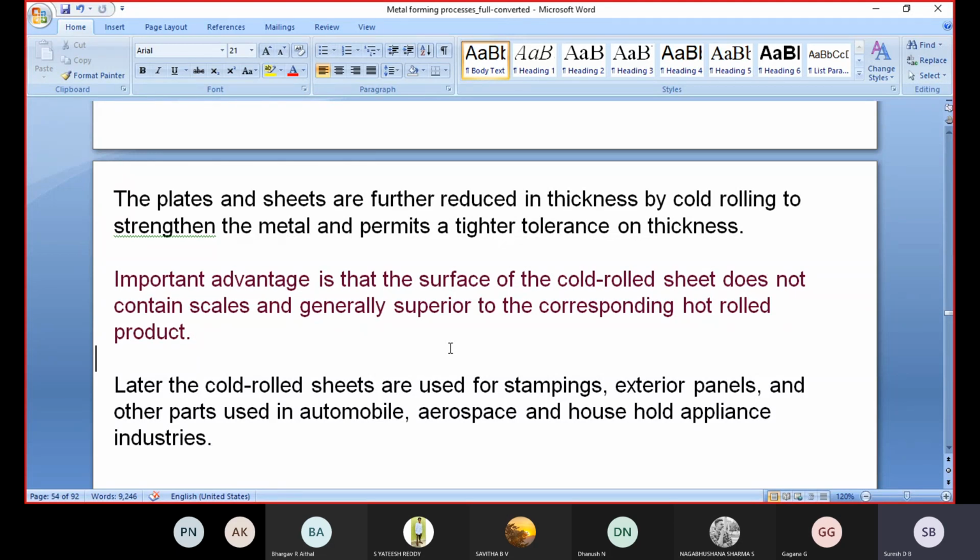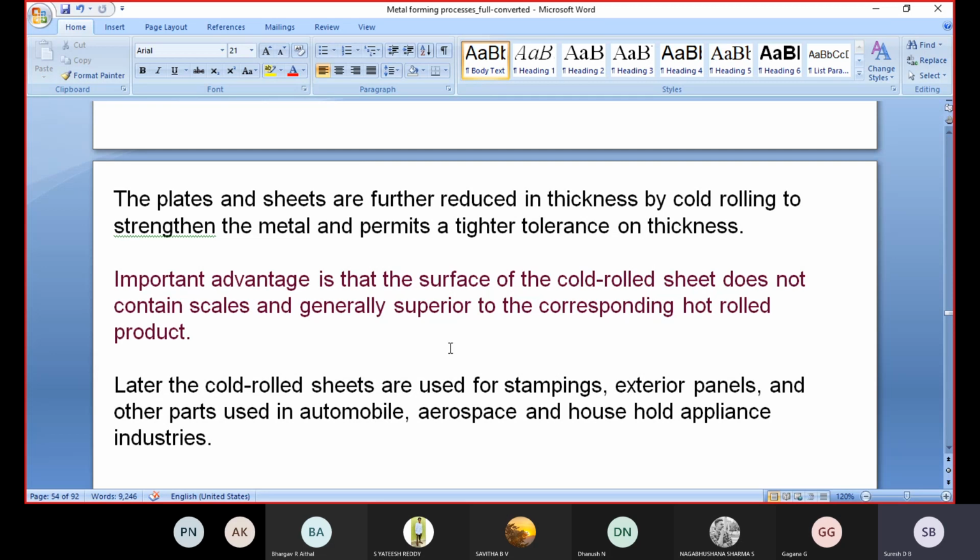Later, the cold working sheets are used for stampings, exterior panels and other parts used in automobiles. These are the applications of sheets. The sheets are used in panels, external panels. That is one best example.